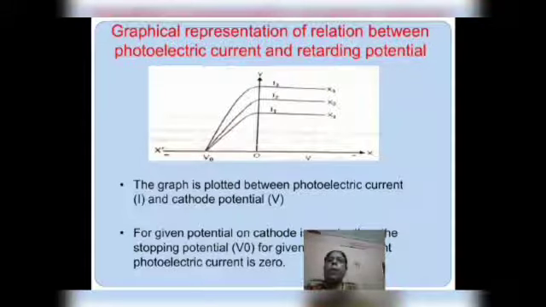When we make this voltage equal to the stopping potential V0, the photoelectric current is 0. All of you know, students, that stopping potential means the potential of the cathode when photoelectric current is equal to 0, and this is denoted by the letter V0.